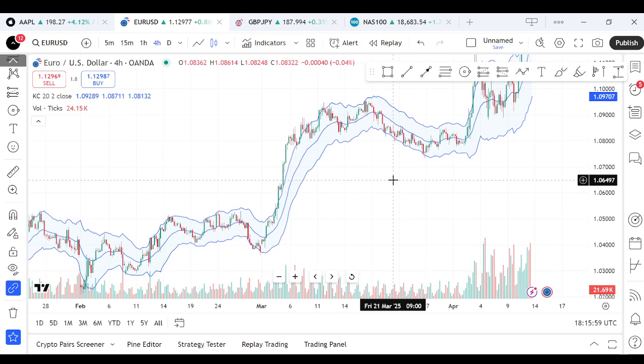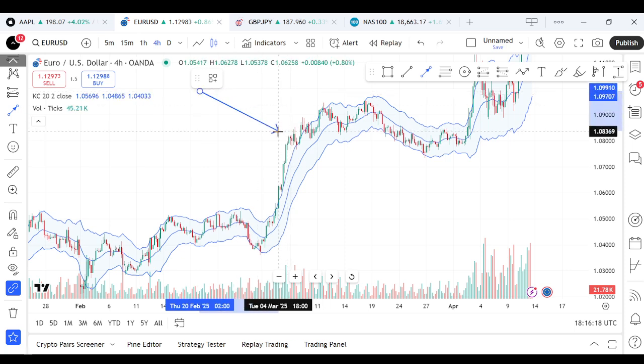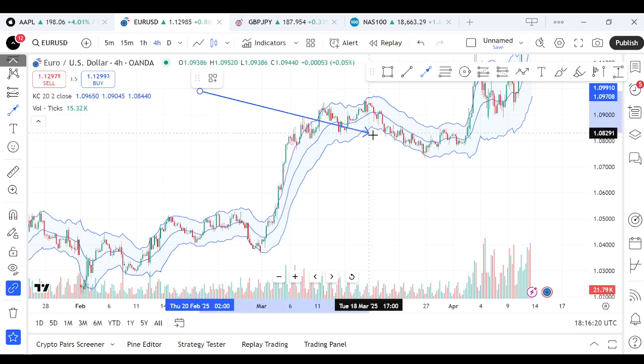Unlike Bollinger Bands, which use standard deviation to calculate their bands, the Keltner channel relies on ATR, making it smoother and less reactive to short-term price fluctuations. When the price moves towards the upper band, it indicates bullish momentum. You can see that happening right here. And when it moves towards the lower band, it indicates bearish momentum in the market.